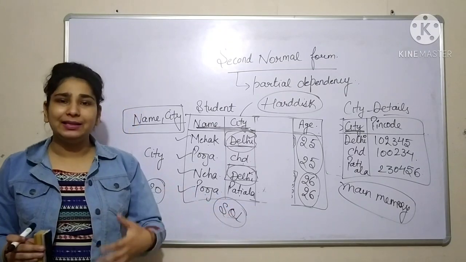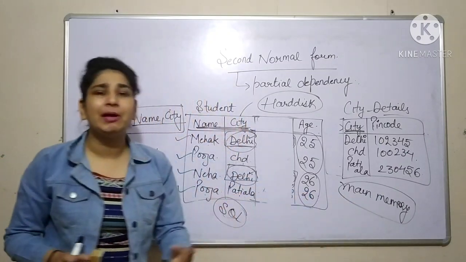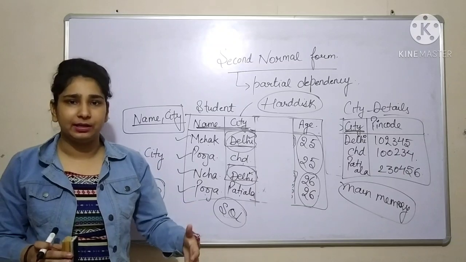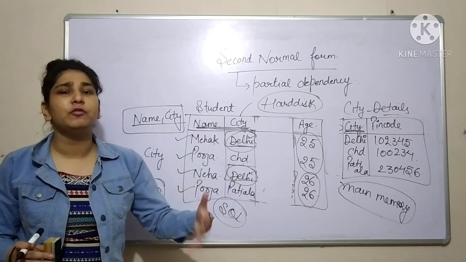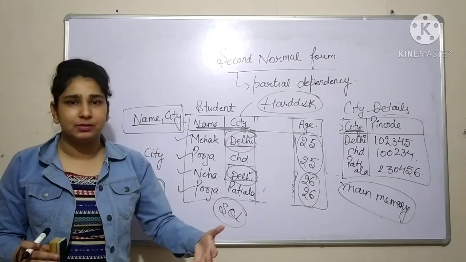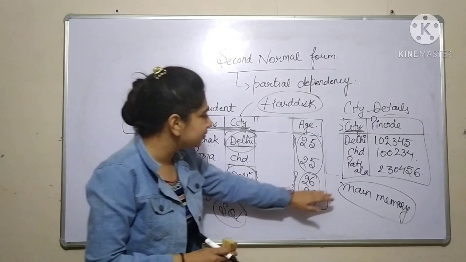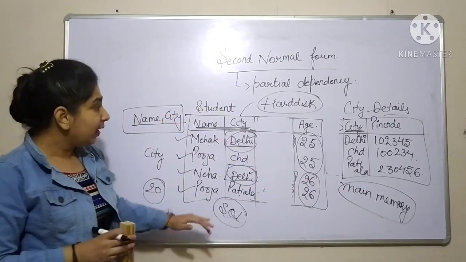When we join these two tables, that joining would be done in the main memory, and it would happen temporarily. We are joining these two tables for some period of time, for temporary purposes. Okay, so that is the benefit of decomposing the relation into two relations.